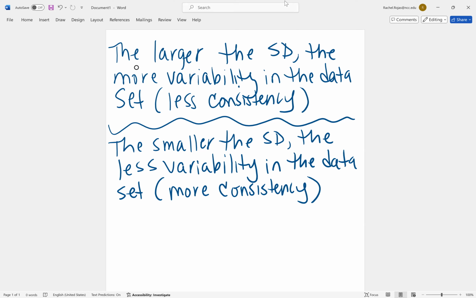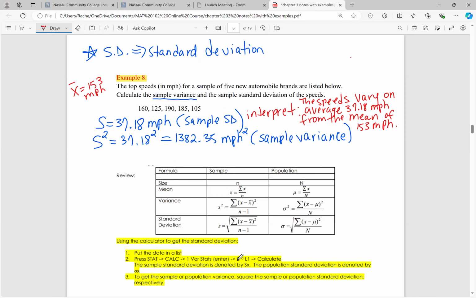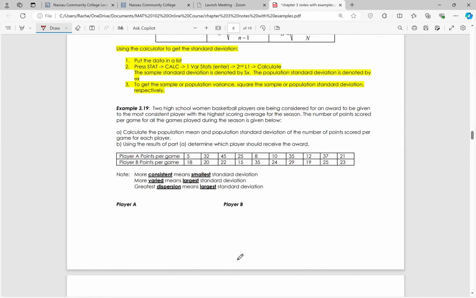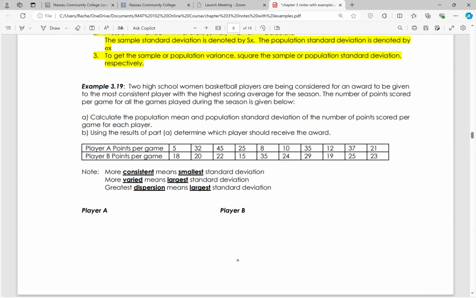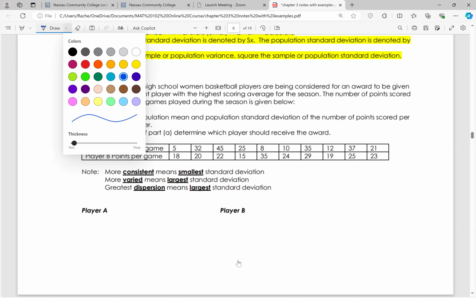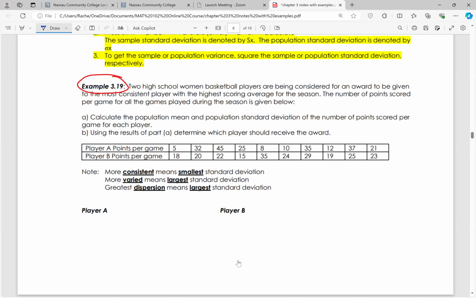So let's do one more example. So let's look at example 3.19 here. So it says, two high school women basketball players are being considered for an award to be given to the most consistent player with the highest scoring average for the season.